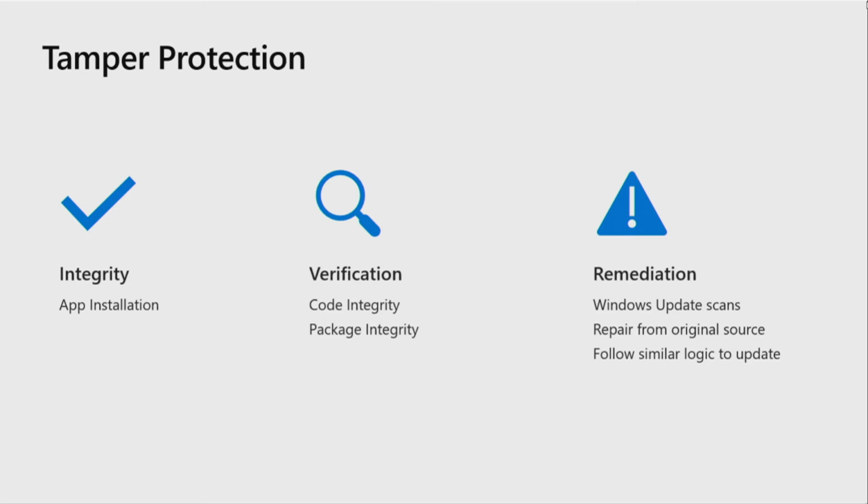And then what we do is we put it into this last phase, which is called remediation. What remediation does is it prevents the app from launching, and then it needs a repair. There's several different ways that an app can repair itself. If the app is coming from the Microsoft Store, any app update or a Windows update scan will auto repair that.